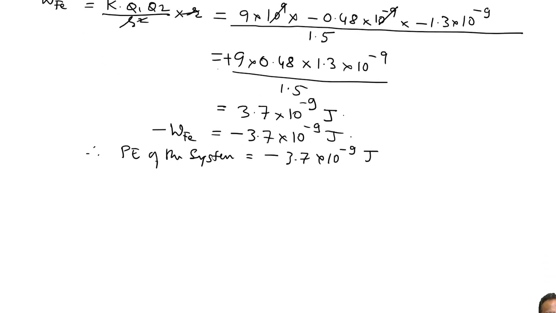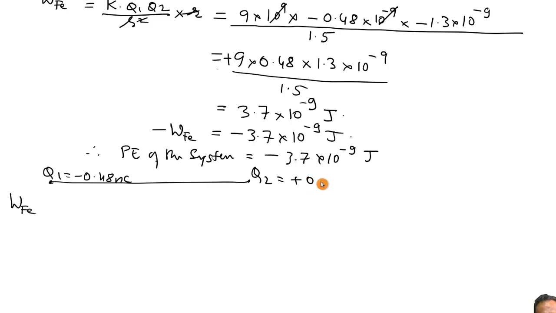So here again your work done due to internal force, or rather Fe, work done due to electrostatic force, and let me draw the diagram. This is Q1, which is remaining minus 0.48 nanocoulomb, and you have this Q2. Now this time Q2 is a positive 0.90 nanocoulomb. Rest of the things remain the same, that is the distance between them is 1.5 meter.